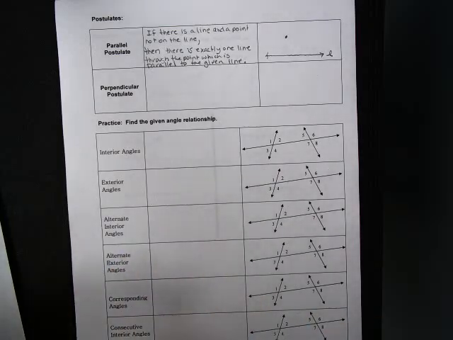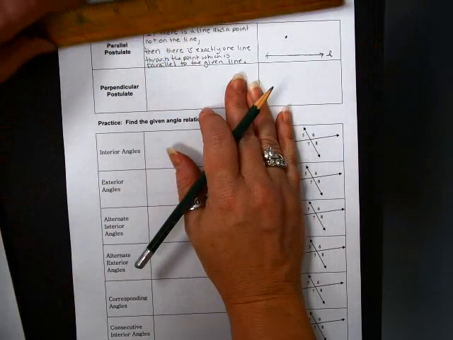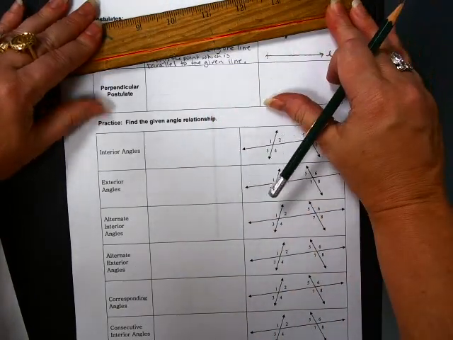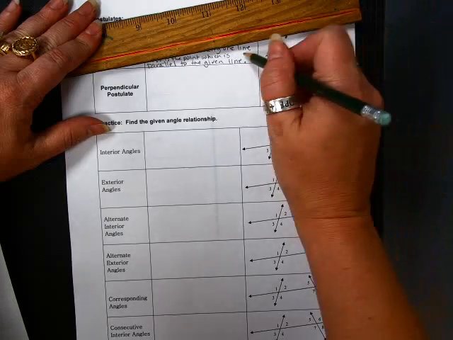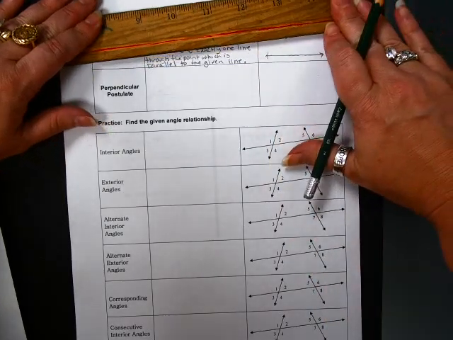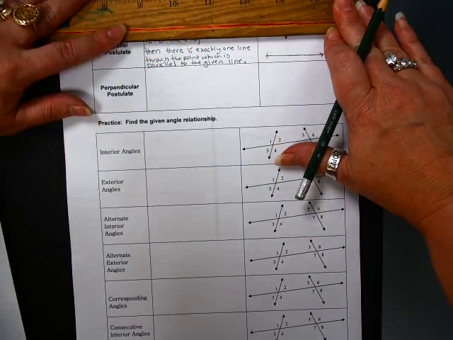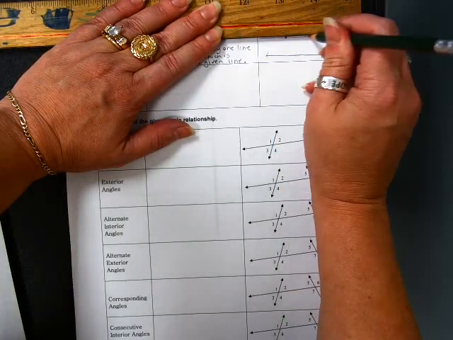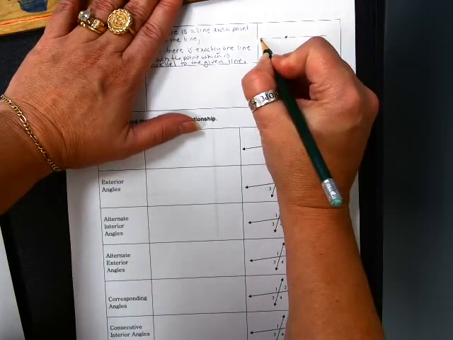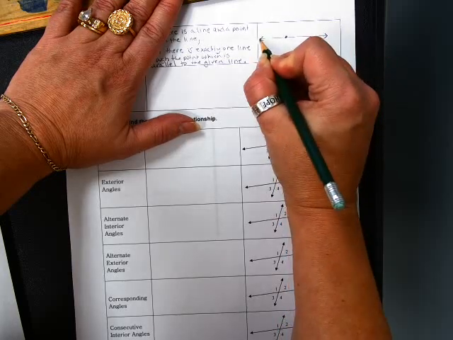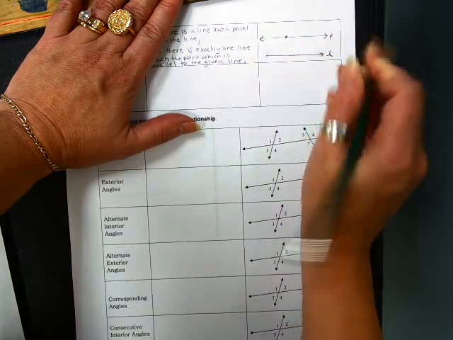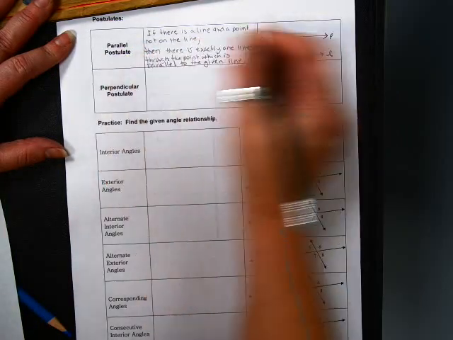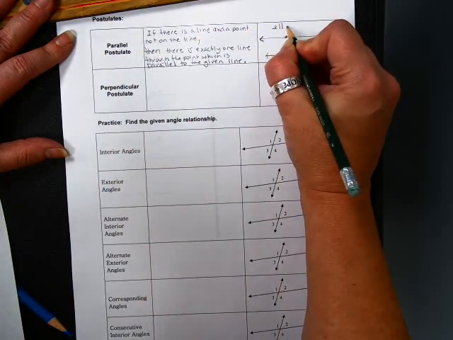So if we take a straight edge and we try to draw a line through this point, if I drew it like this it would not be parallel. So I keep straightening it out until I get parallel, and there's only one way to draw that so that it goes through this point and is parallel. So this is line P, and we say that L is parallel to P.